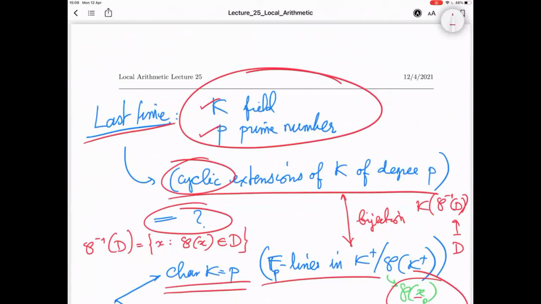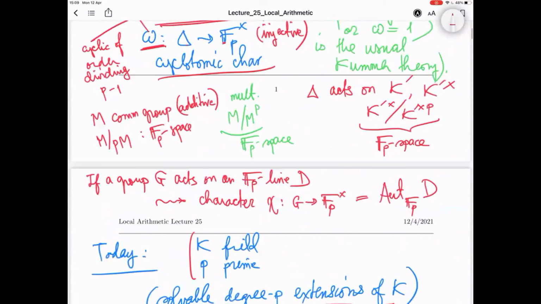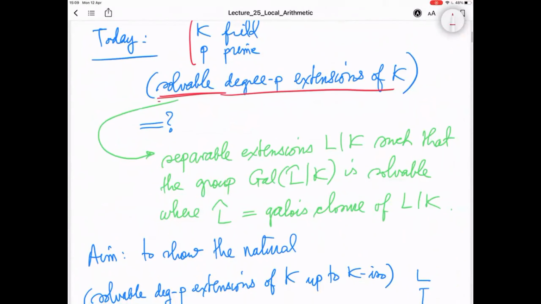The cyclic ones are a very special case of solvable extensions. I'll define what solvable is. It was already done in the tutorial, but let me just recall that a solvable extension of a field is a separable extension L over K, such that for any separable extension, you can take the Galois closure.